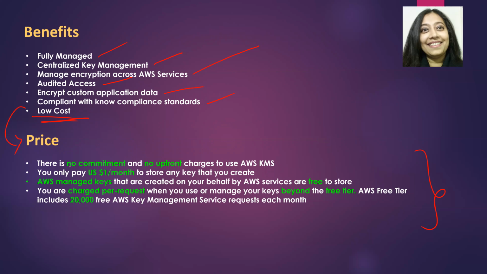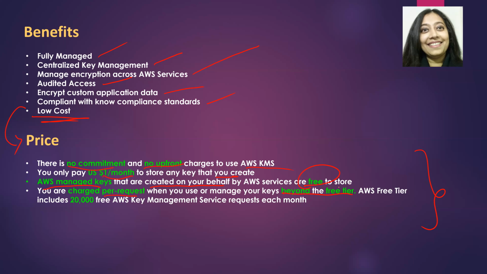Right now there is no commitment and no upfront charges for AWS KMS. You only pay $1 a month to store any key that you create. AWS managed keys that are created on your behalf are free to store. You are charged per request when you manage your keys beyond the free tier.